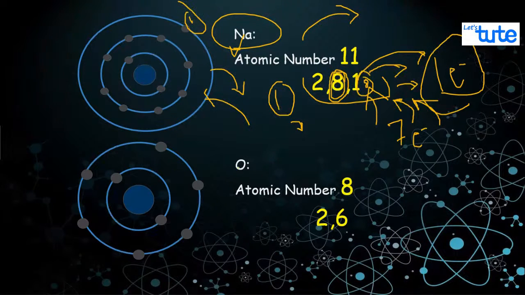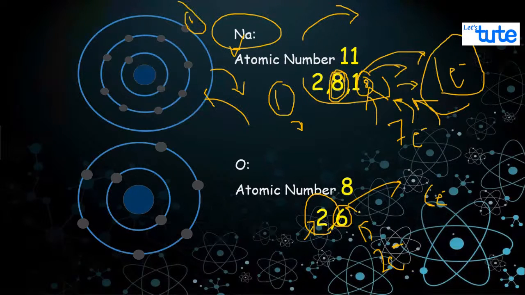In the oxygen example, the electronic configuration of oxygen is 2, 6, and to make the outermost orbit 8, we can add 2 electrons. Or maybe we can take out all 6 electrons, so that the outermost orbit will be 2, and this is also stable, because the first orbit can hold two electrons.